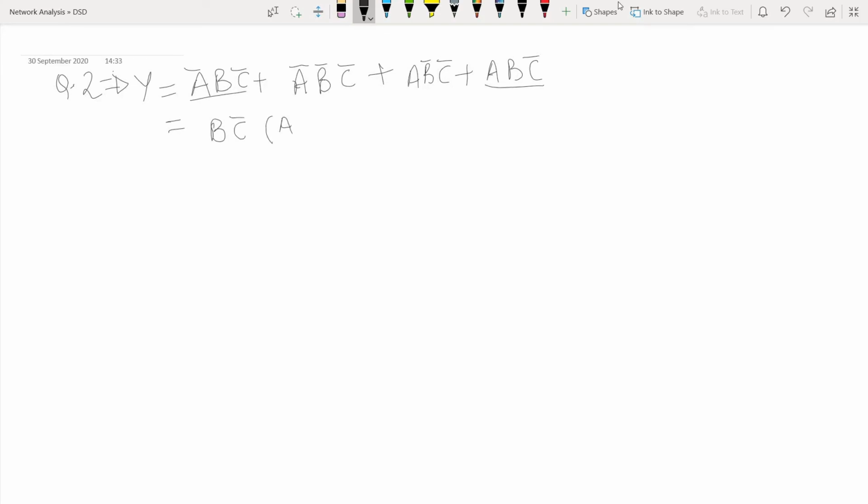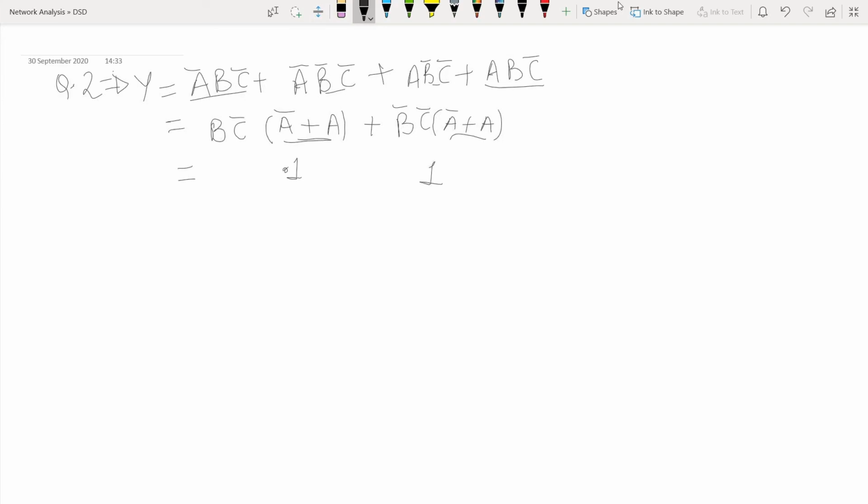We are left with A bar from this and A from this, plus here we can see B bar C bar is common, and what we are left with is A bar plus A. As per the OR law, this A plus A bar is 1, and this A plus A bar is also 1.